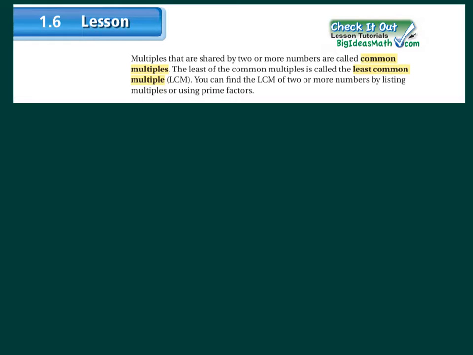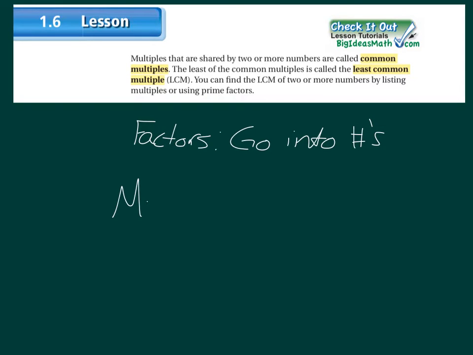So again, I want to talk about a couple things before we get too far into this. First of all, we talked about factors. Okay. Again, factors go into numbers. And in this lesson, we're going to be talking about multiples.